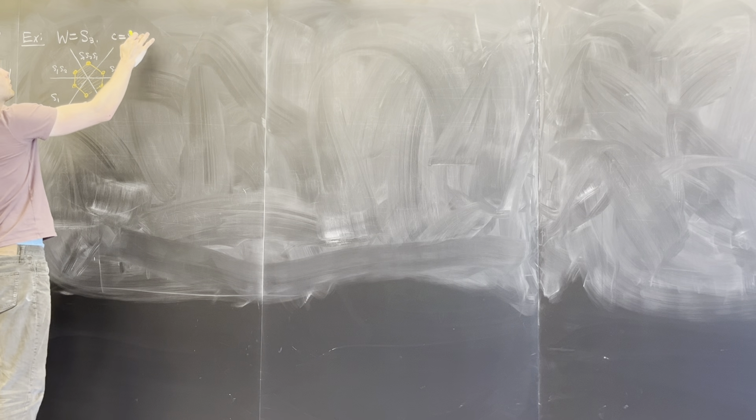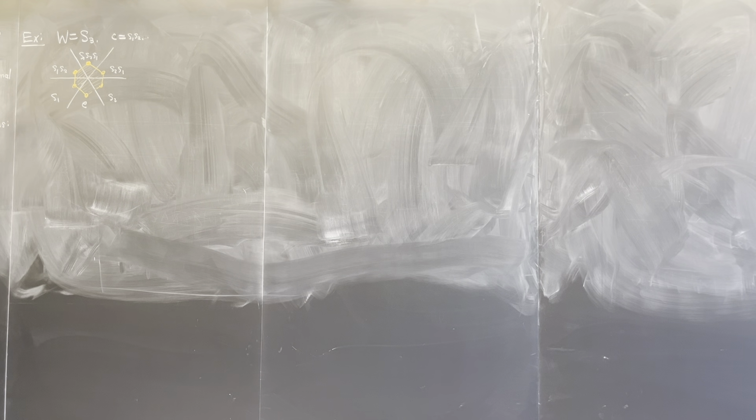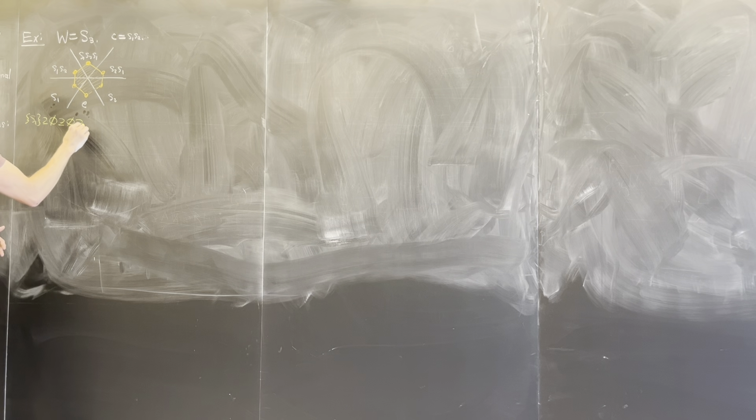So this is because, well, remember what it means to be C sortable. You write out the C sorting word and you look at the inclusions of these sets. In the case of the identity, you just have a bunch of empty sets, so it's very easy to see that it's C sortable. For S1, you just write down an S1, and that's one set. So the fact that this is C sortable is saying the set S1 contains the empty set, and so on.